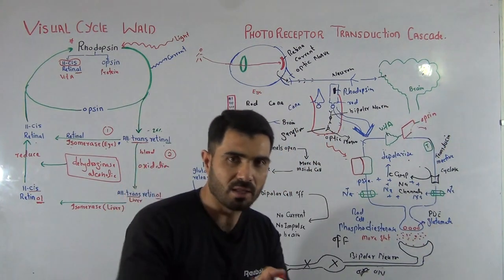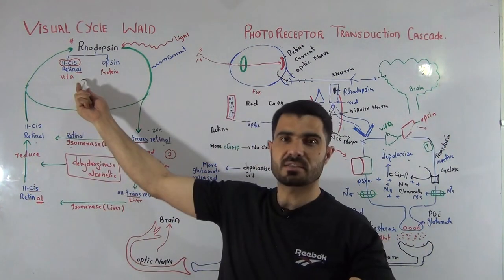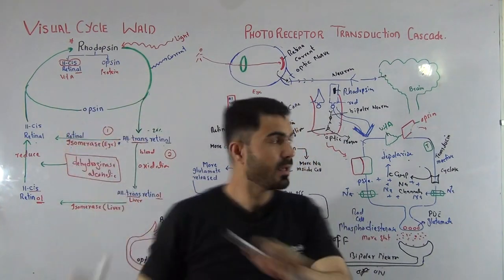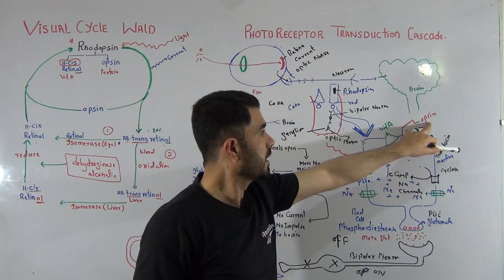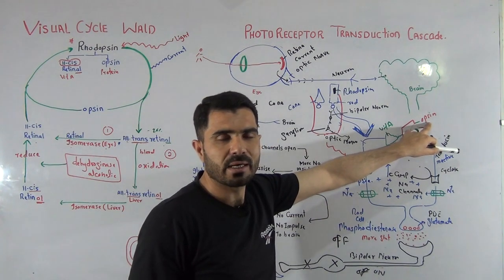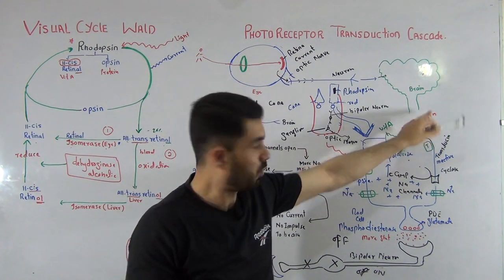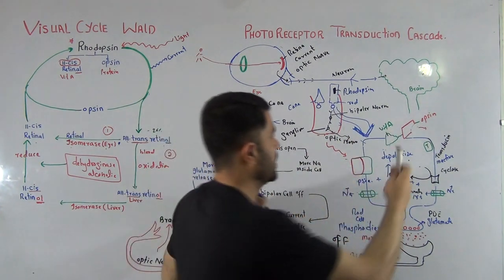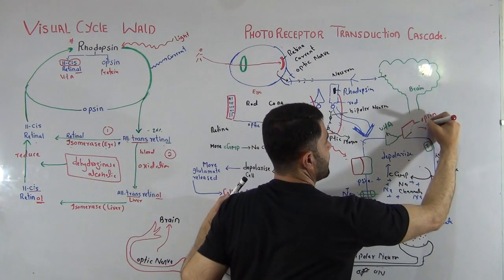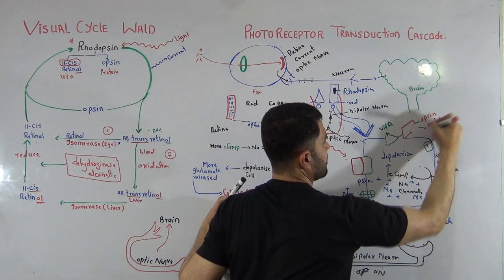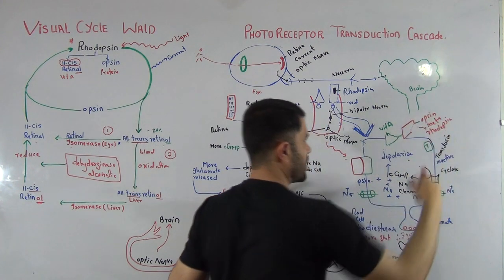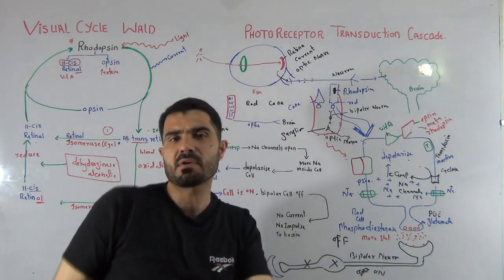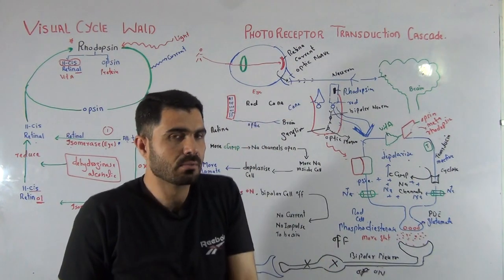When the light falls, what happened has already been discussed here. This opsin protein has another name as well, meta-rhodopsin.